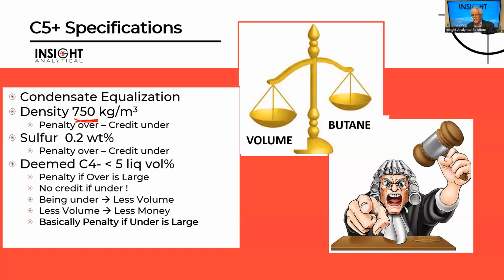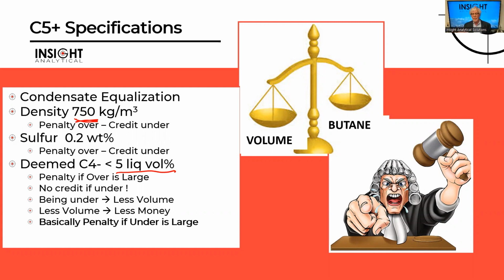But for this thing that they call deemed C4 minus, and I can explain exactly how you calculate deemed C4 minus on the next slide, essentially, it's how much butane. The spec is that we have to be under 5 liquid volume percent. The penalty, if you're over 5%, is large.